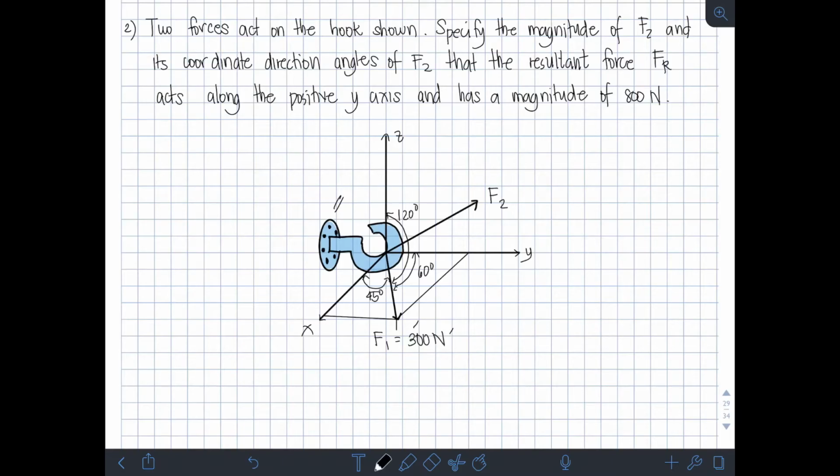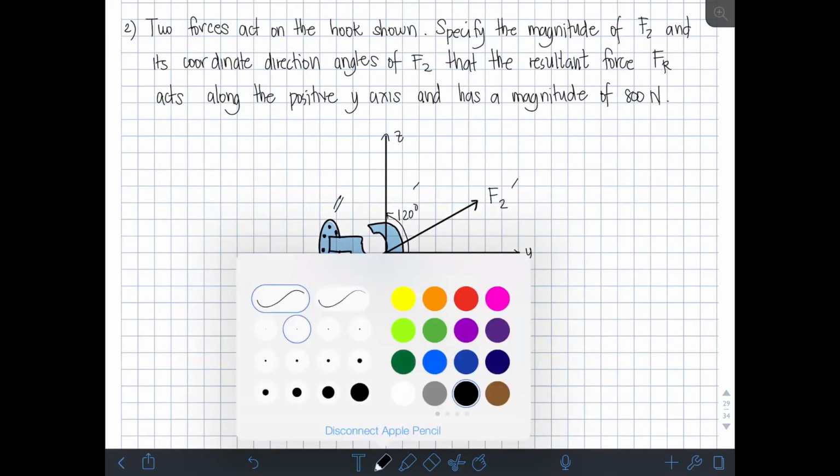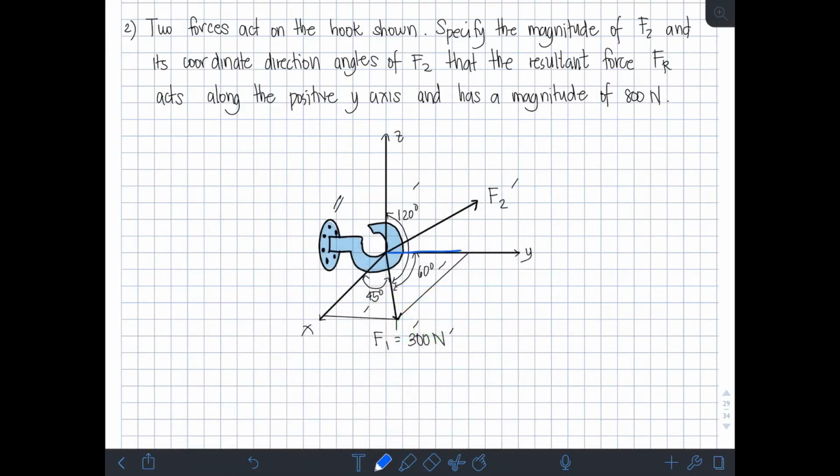So, yung theta x is 45 degree, theta y is 60 degree, at yung theta z is 120 degree. Tapos, meron din tayong unknown force F2 na nag-act din sa hook. So, meron tayong given na magiging resultant daw nila is a force Fr along the positive y-axis and has a magnitude of 800 Newton.